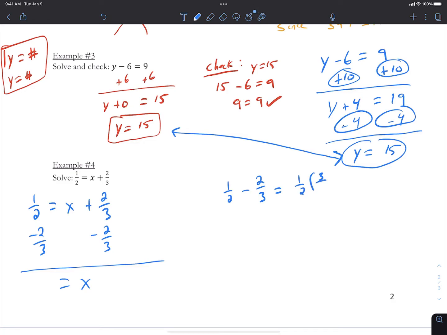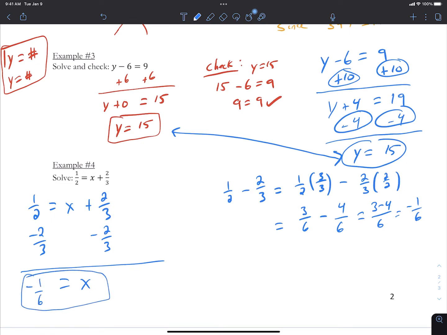The easiest one is 6. If I multiply 1/2 times 3 over 3 and 2/3 times 2 over 2, I'll get a common denominator of 6. So 1 times 3 is 3, 2 times 3 is 6, and then 2 times 2 is 4, 3 times 2 is 6. So I get 3/6 minus 4/6, which is 3 minus 4 all over 6, which is negative 1/6. So this would be negative 1/6 as my solution.